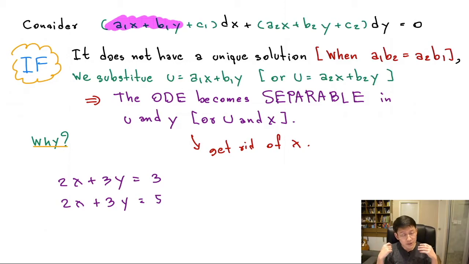Or in some cases, you can find a solution. For example, like that, they are the same equation, so you can find the solution, but there are an infinite number of solutions.